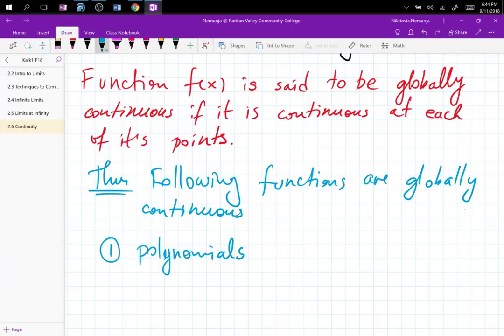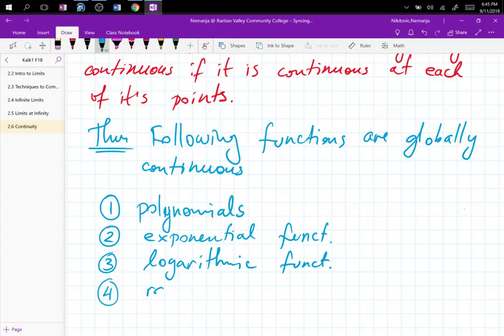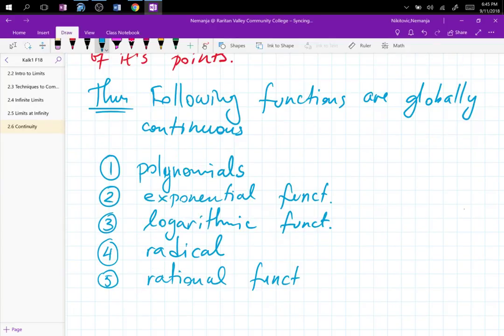So, the following functions are globally continuous. Polynomials, exponential, logarithmic, radical, rational functions if the denominator is different than 0.